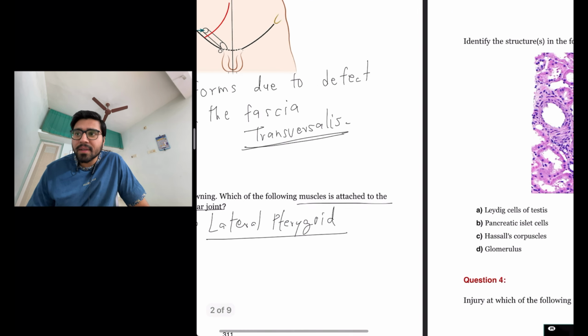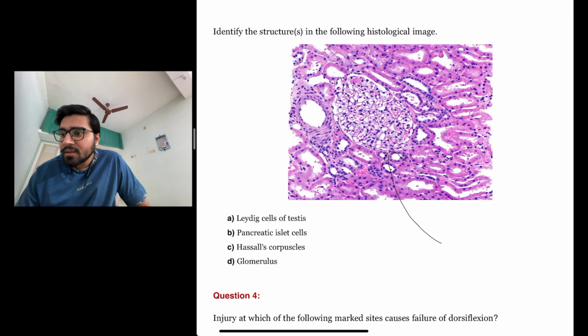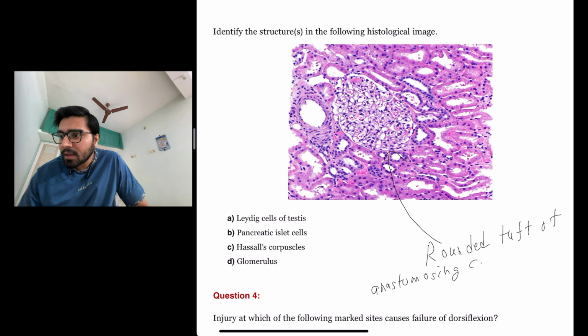The next question is: identify the structure in the following histological image. So this structure is actually the rounded tuft of anastomosing capillaries lined by fenestrated epithelium.